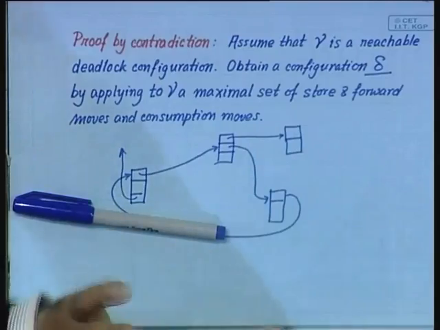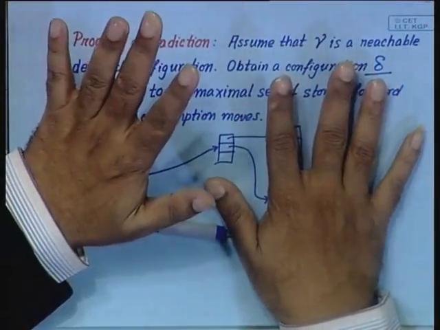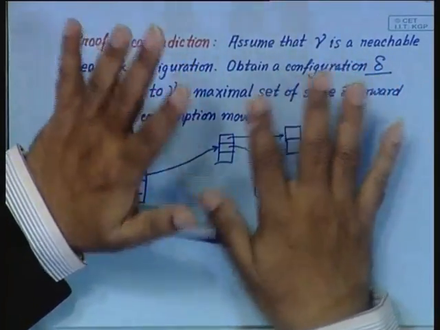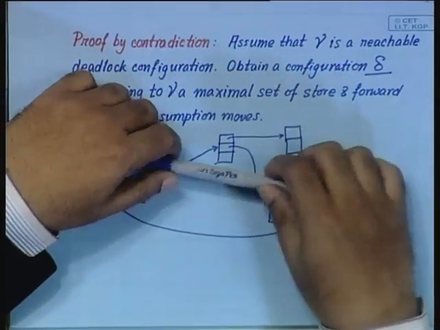So, we are not allowing new generations, no new packet is generated, only whatever packets could still be delivered are delivered, and the remaining configuration delta is one where no further move is possible, all the possible moves have been exhausted.